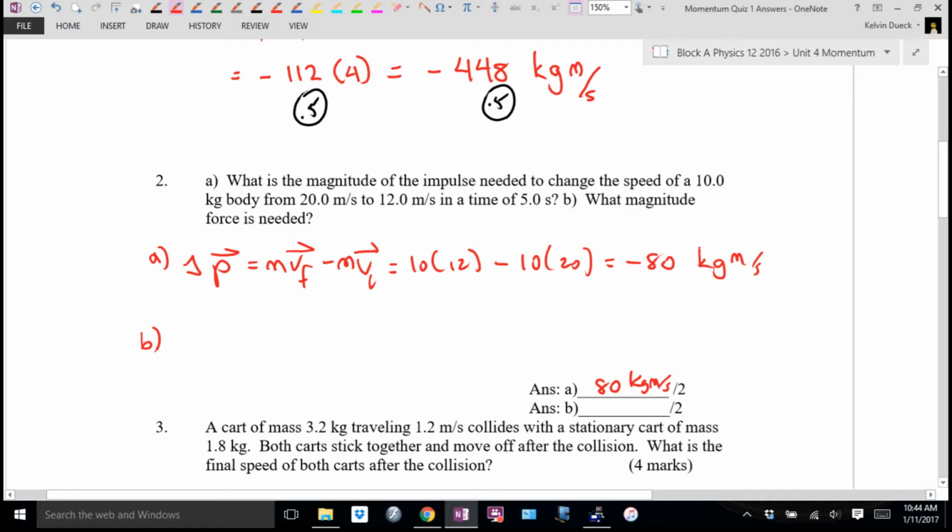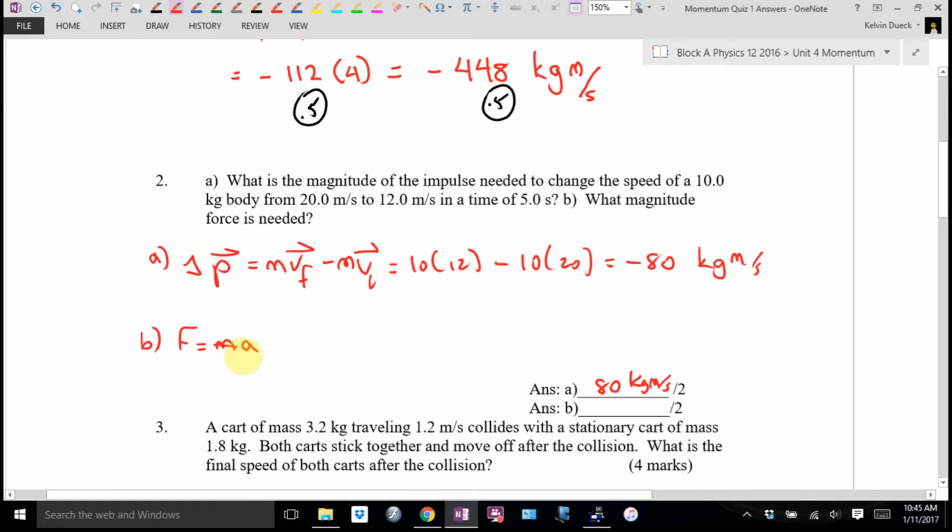B. Force. By the way, you could find this by going... Do you know the mass? Yeah. Do you know the acceleration? Well, I know v final, I know v initial, and I know time. So I do know the acceleration, and I could crunch that.